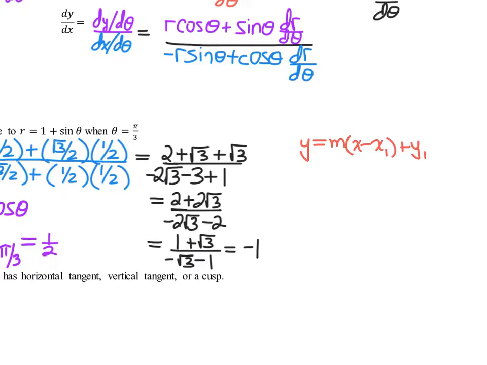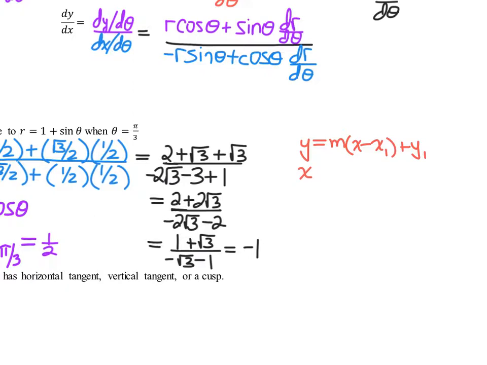So x is equal to r times the cosine of theta. And the r value, the good news is we've already figured that out. This is all happening at pi over 3. So let me note that in there.